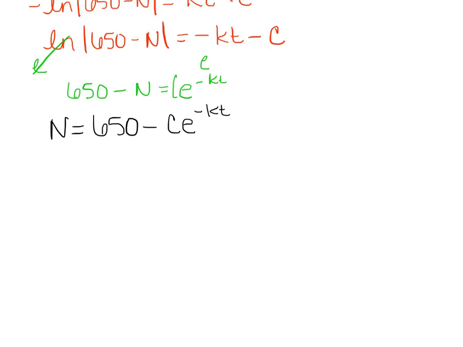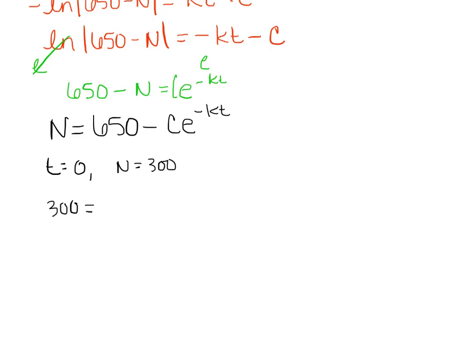Now we're given that the initial value, or when time t equals 0, the population was 300. So let's just write t equals 0, our population, or n, was equal to 300. So from that, I can go ahead and solve for my c value.